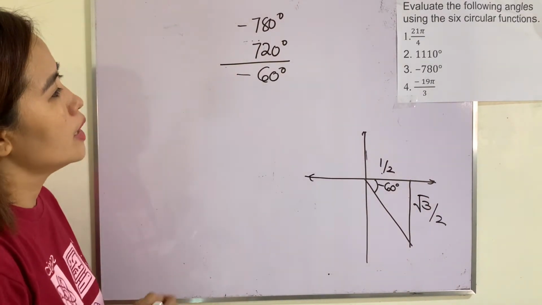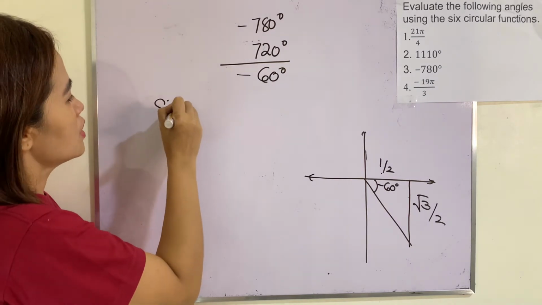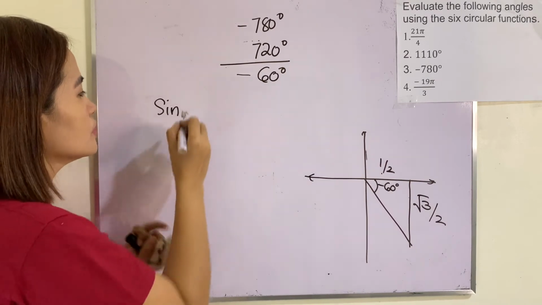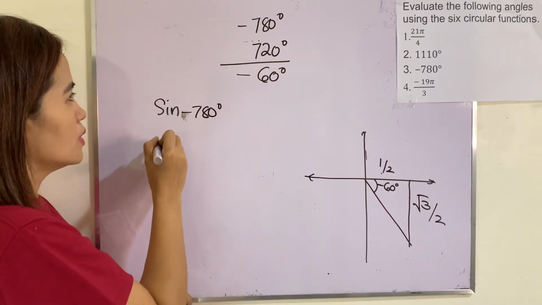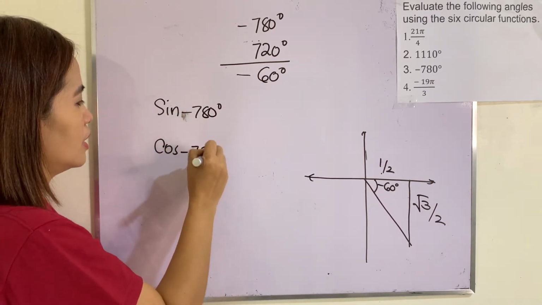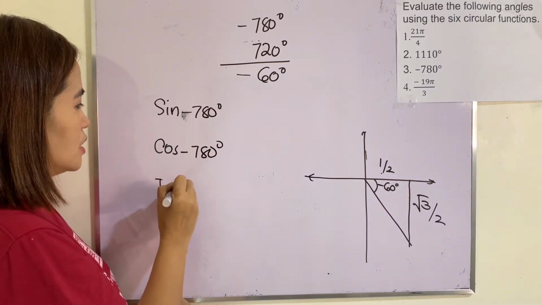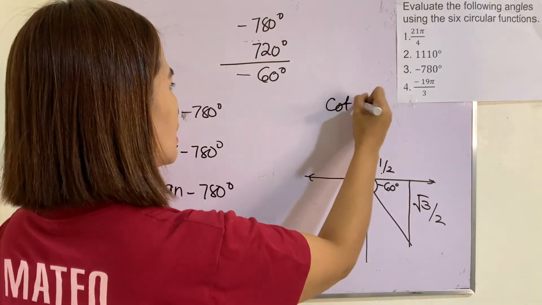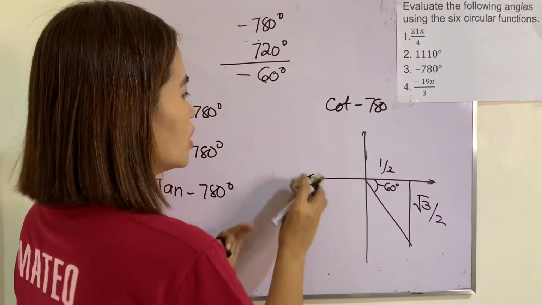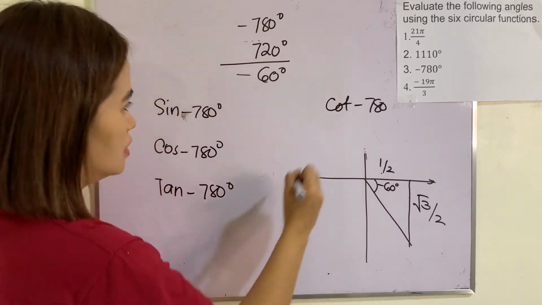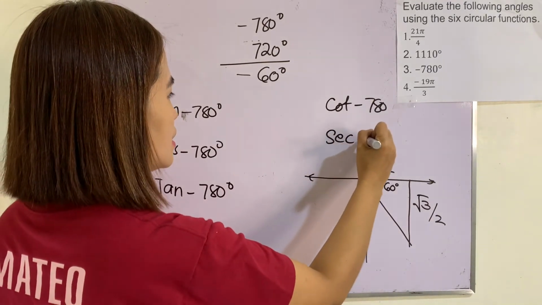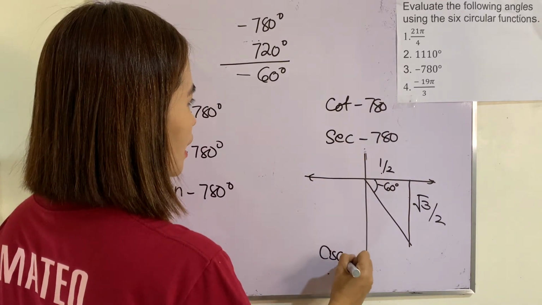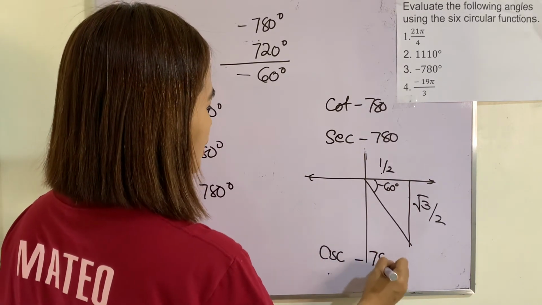Of course, to find the 6 circular functions, we have sine negative 780, cosine negative 780, tangent negative 780, cotangent negative 780, secant negative 780, and of course the cosecant of negative 780.